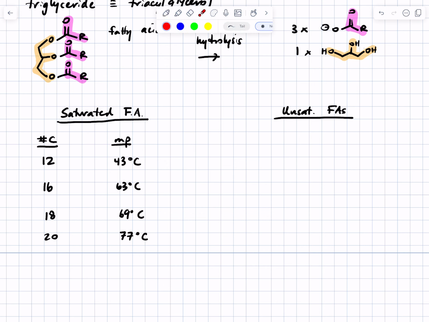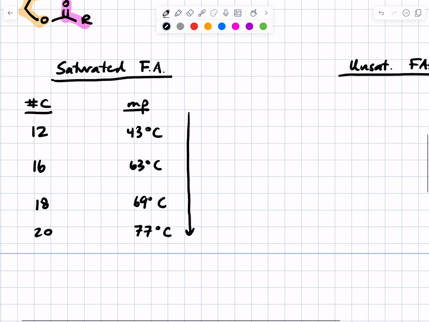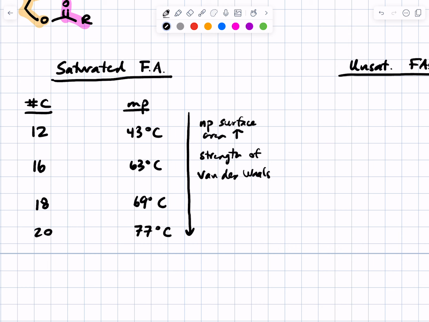Why does melting temperature increase as the length of the hydrocarbon chain increases? What's the explanation for that? I'm hearing London dispersion forces, I'm hearing van der Waals interactions, right. So as the nonpolar surface area increases, then the strength of what we're going to call van der Waals interactions increases as well.